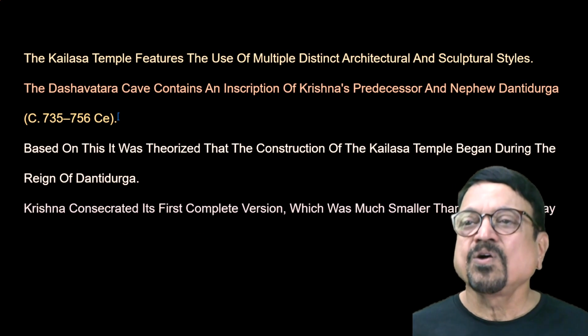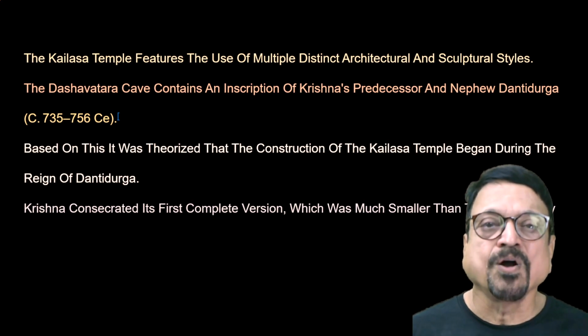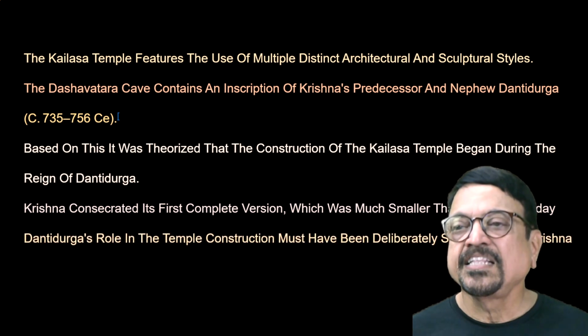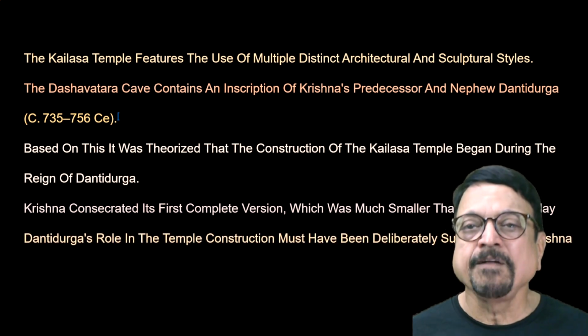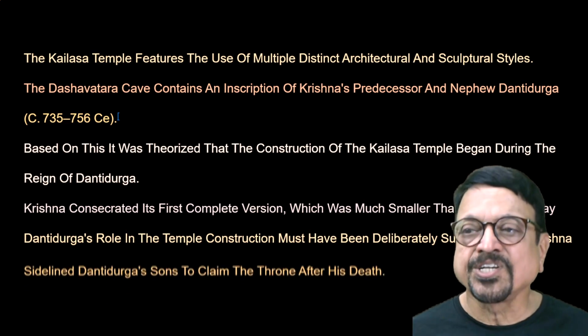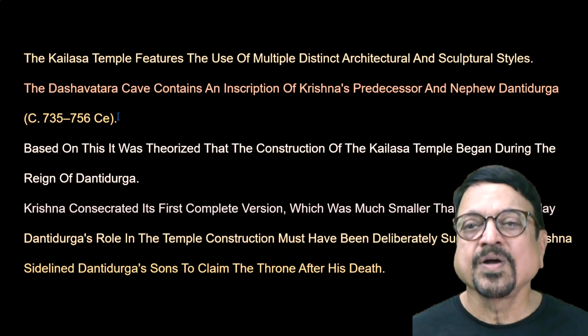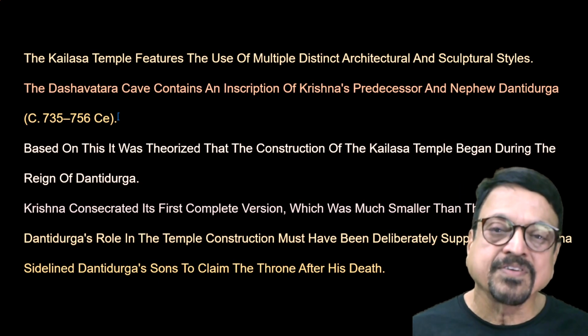Krishna concentrated on its first complete vision, which was much smaller than the present day. Dantidurga's role in the temple construction must have been deliberately suppressed, as Krishna sidelined Dantidurga's son to claim the throne after his death.